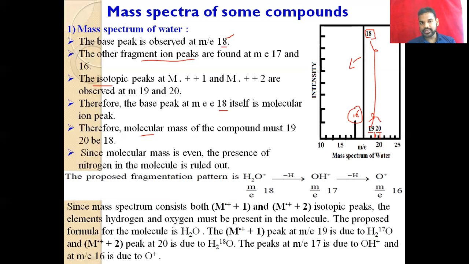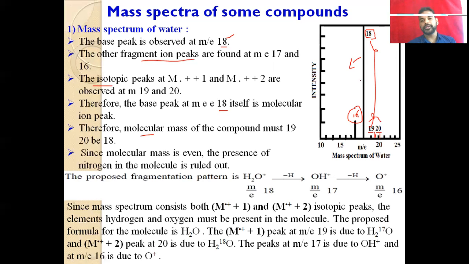As I said, the base peak and the molecular ion peak are the same, 18. The next peaks, 19 and 20, come after the molecular ion peak, so these two peaks are isotopic peaks.